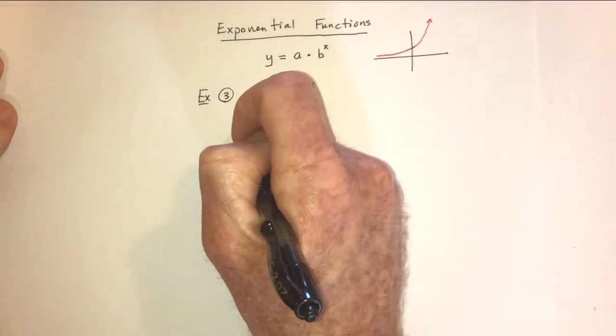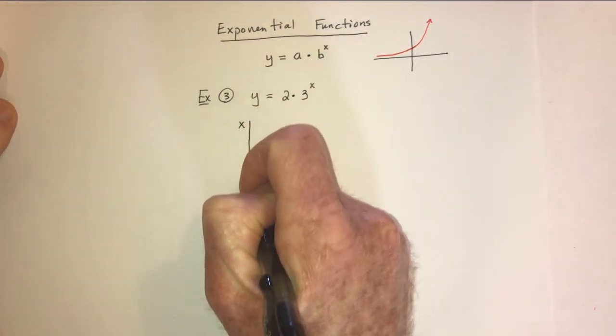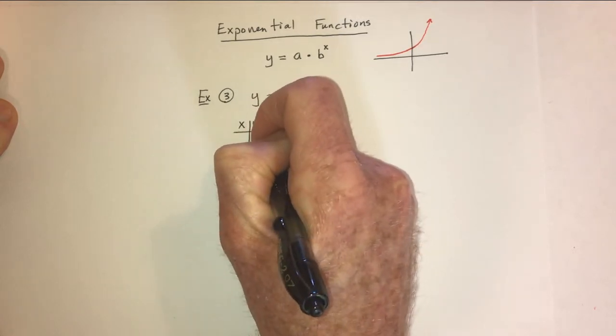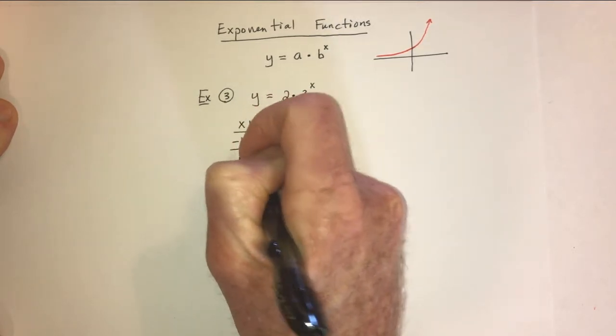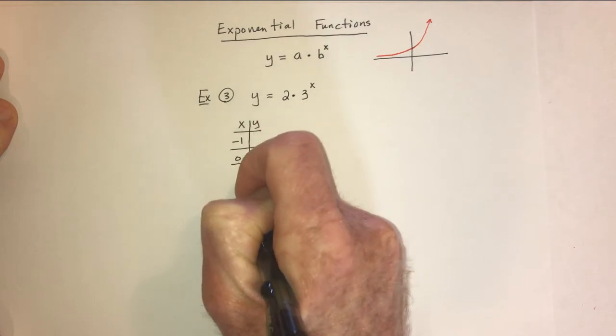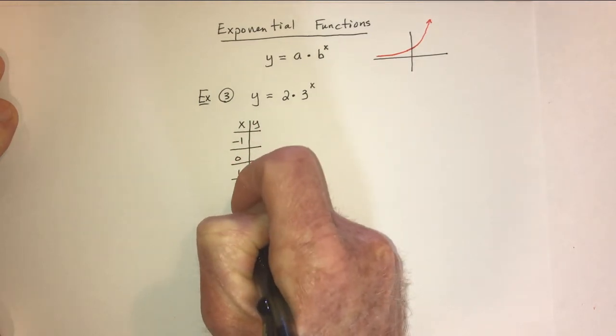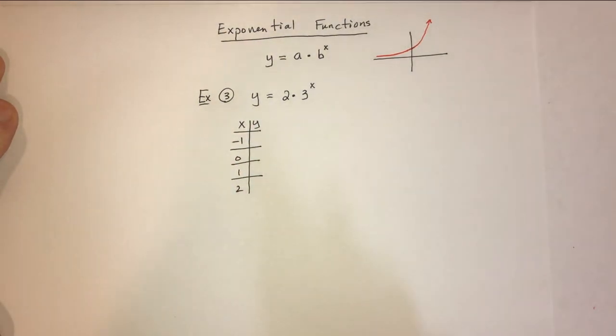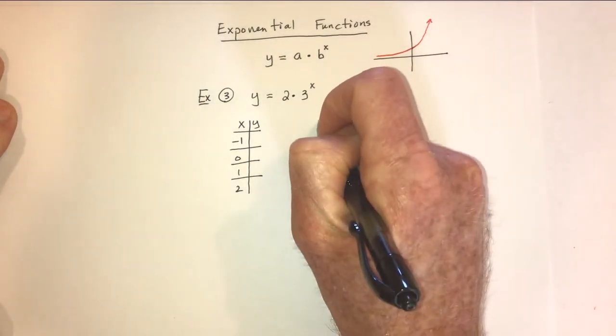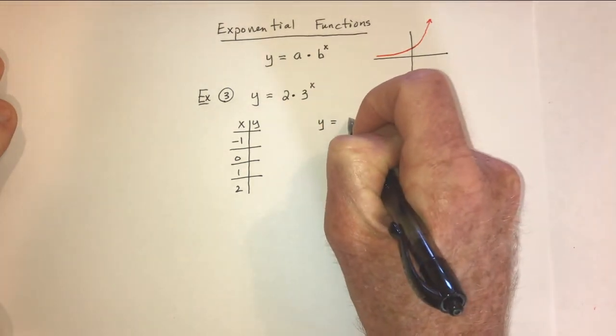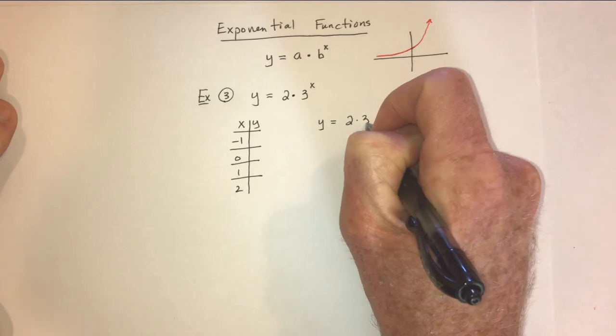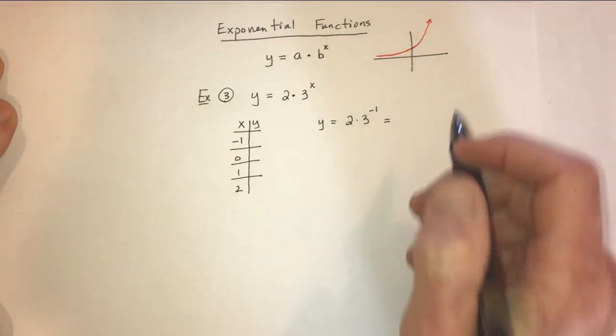So then pick some values and make a little table of values with x's and y's. It's usually good to pick at least one negative, 0, and a couple of positive numbers. So when I use the negative 1, that's going to be 2 times 3 to the negative 1.